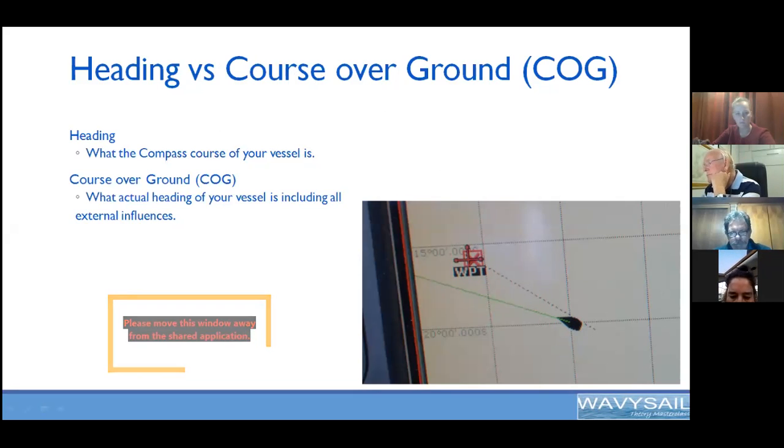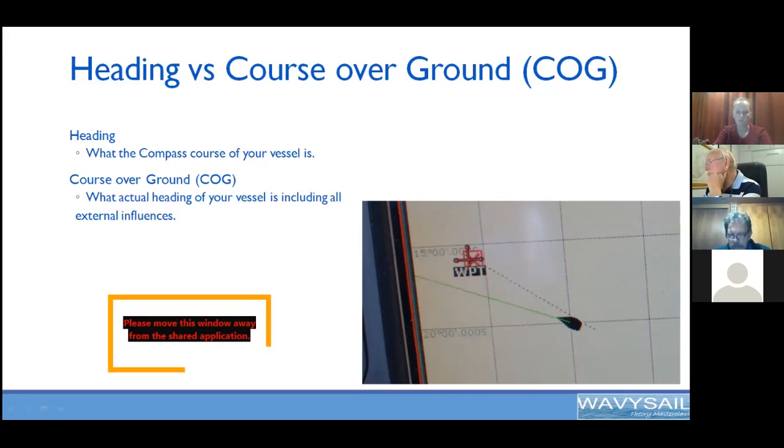Your course over ground is where you're actually moving with all those external influences: tide, current, wind, leeway. So you might be pointing 20 degrees off where you're actually going. The difference is, heading is where you're pointing the boat. Course over ground is where you're actually going.